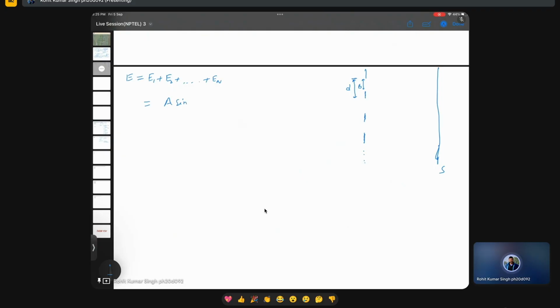I am writing the resultant one; I am not going into the derivation. I'll just say a few things intuitively about the difference between 2 slits and n slits.